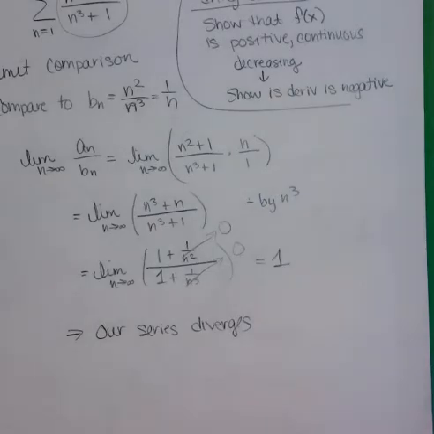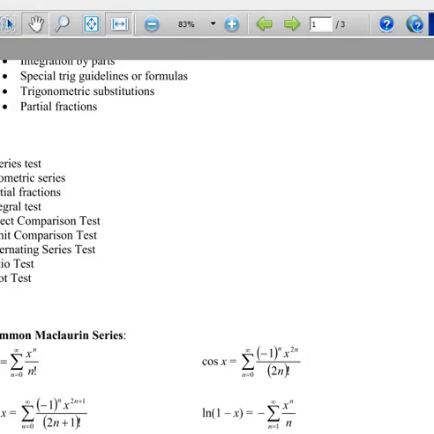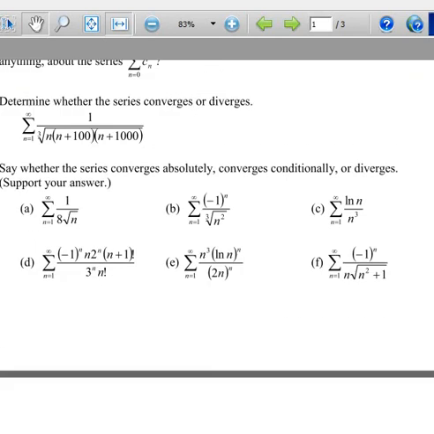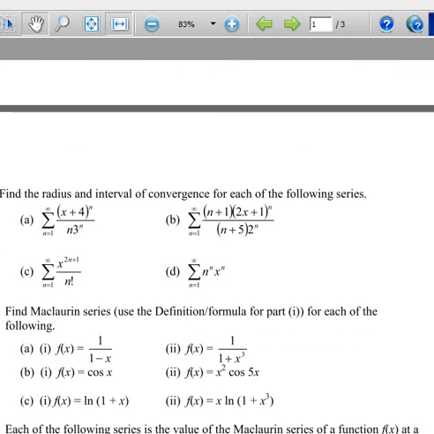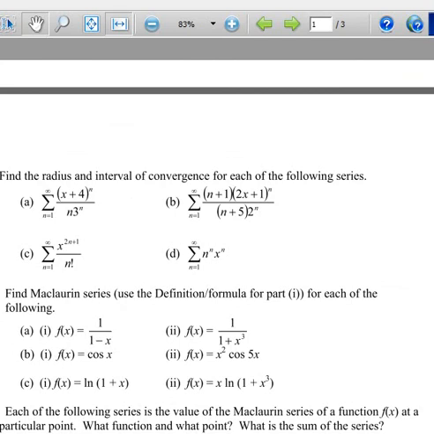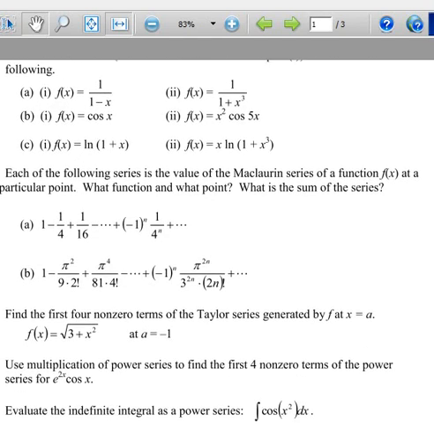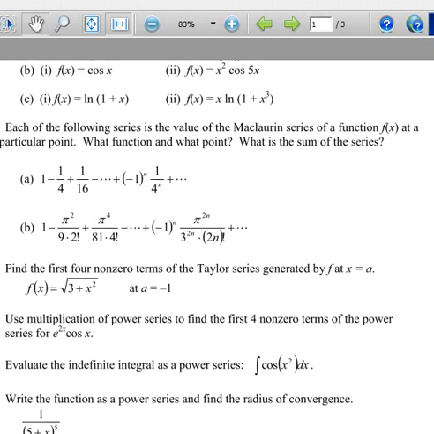Okay, there's one that I think is on here that I want to do. Let's look at 12. So there are two different ways we could do problem 12.